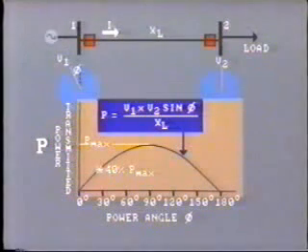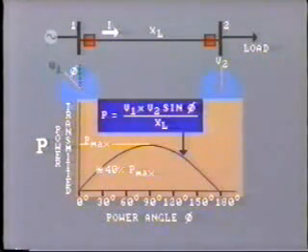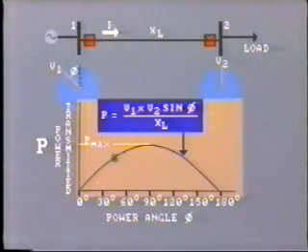This causes the rotor to accelerate and so advance the angle of voltage V1. This now increases the power angle across the line and so increases the load transfer. After a brief oscillation, the governor settles down to its new position with the power angle now at, say, 45 degrees.